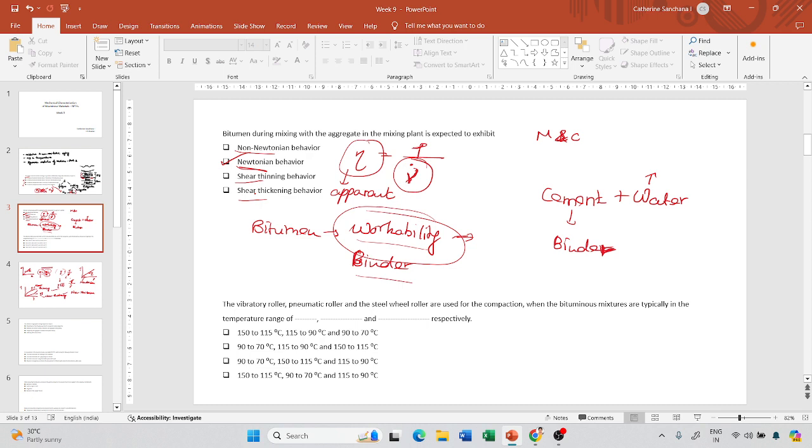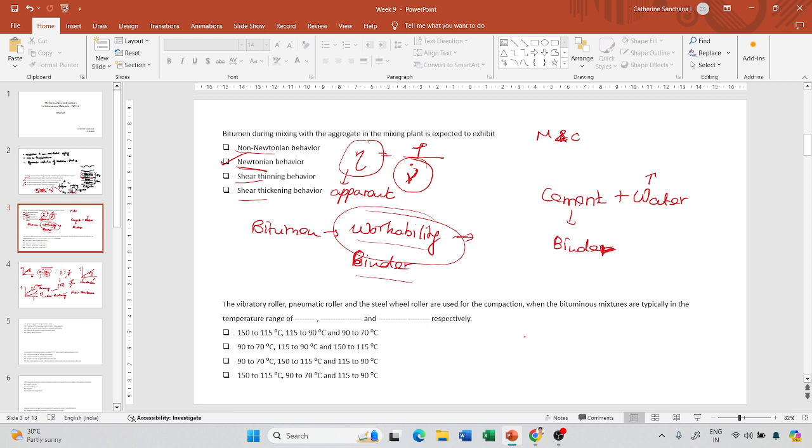Okay, that is why you are compacting it. Now how will you compact it? You know what the compaction methods in the lab are and what the compaction methods in the field are.